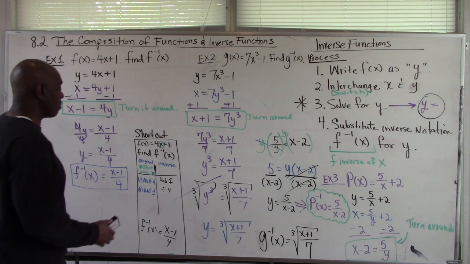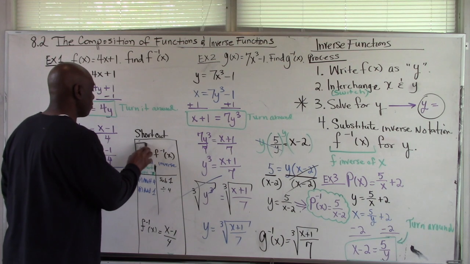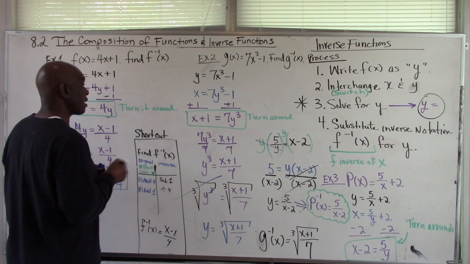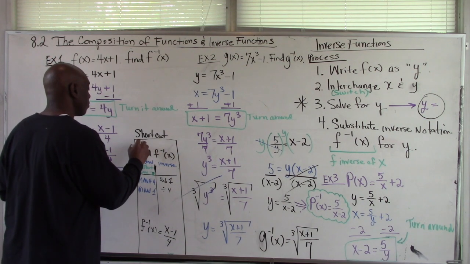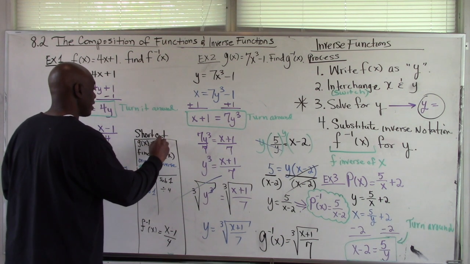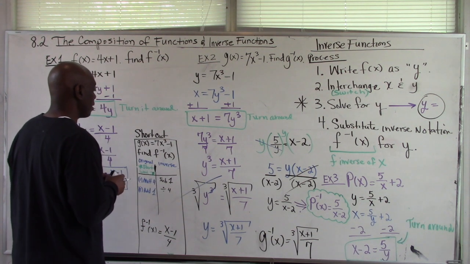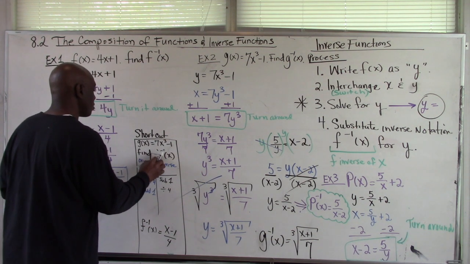Alright, for example 2, let me erase this out. Let me put g of x here. And g of x is 7x cubed minus 1. We want to find g inverse of x.